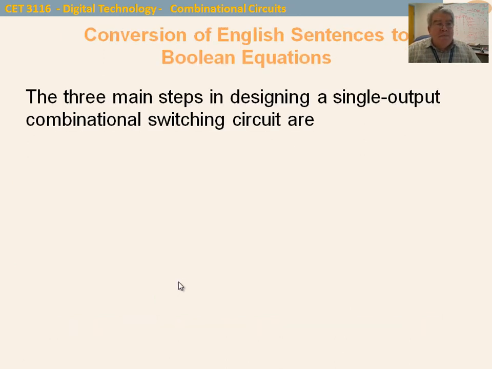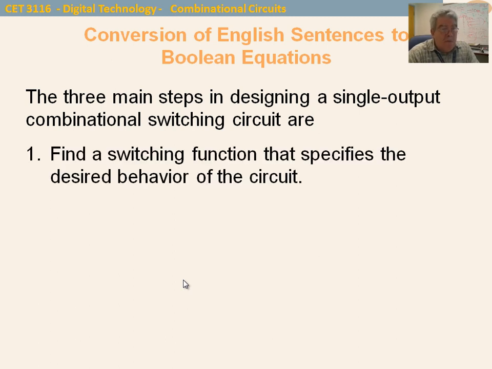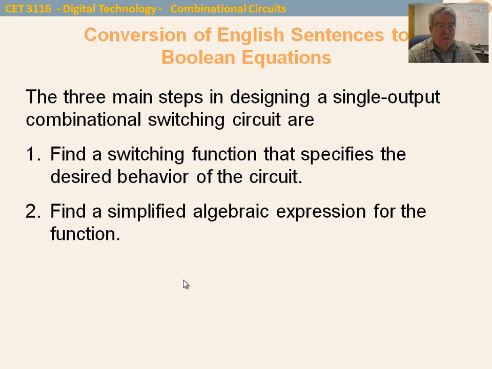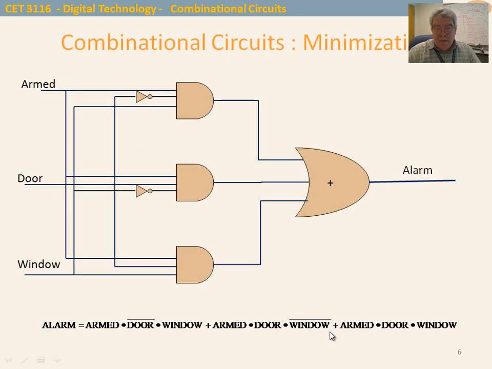So, as you can see, we follow 3 steps in designing, in this case, a single output combinational switching circuit, or digital circuit. First of all, we need to find the function, or a description of the function or the behavior. After that, we need to extract or synthesize the simplified algebraic expression for the function. We assume that what we have here is simplified.